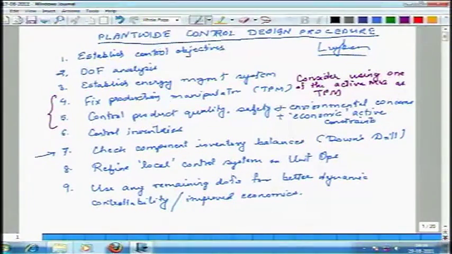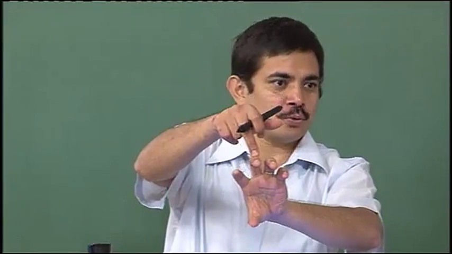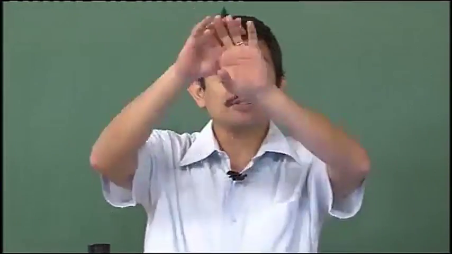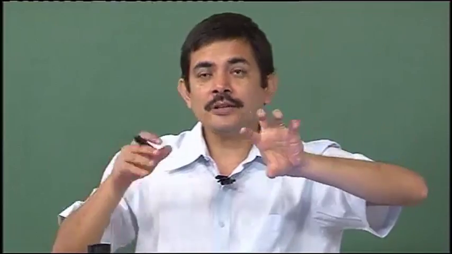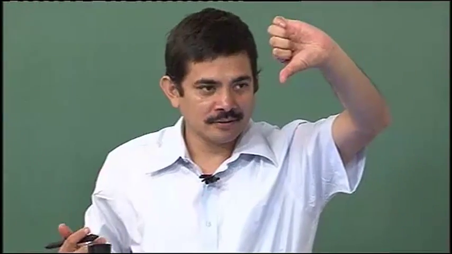Yes or no? That saves me a degree of freedom. Why am I doing it? Because that saves me a degree of freedom. This should not be touched. Well, I can touch it to manipulate throughput, because anyway I am going to be using something to manipulate the throughput. So an MV that will become saturated, that's a good candidate.